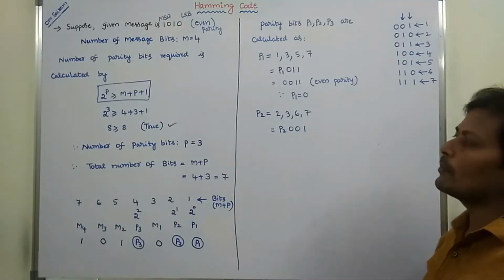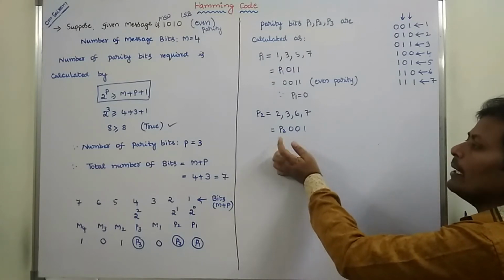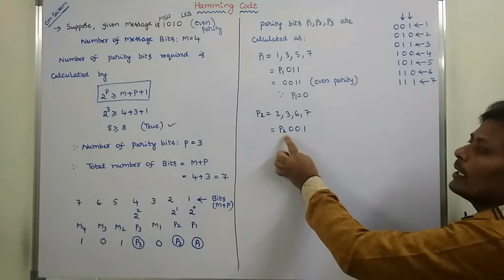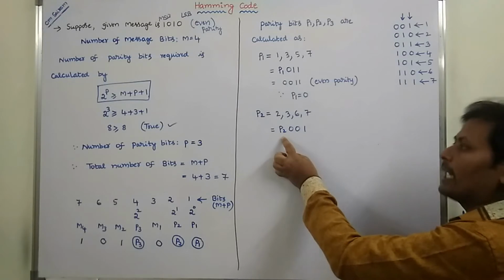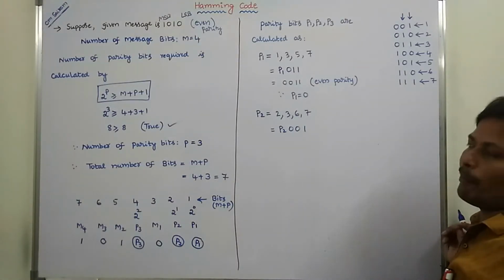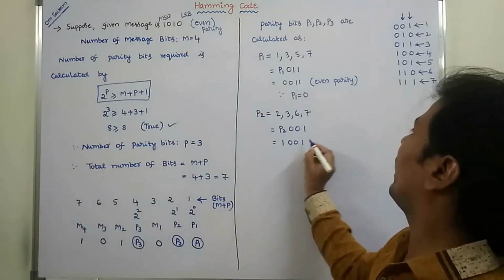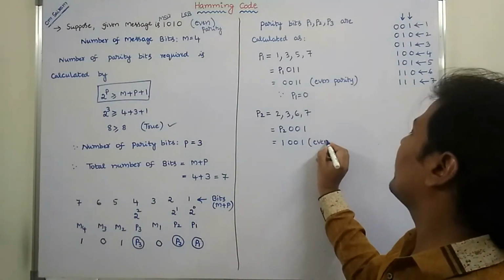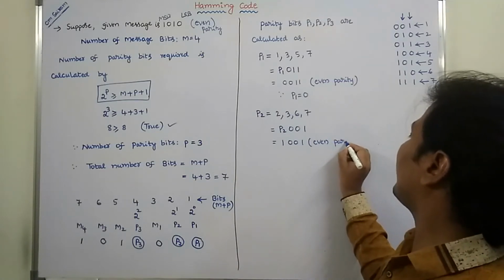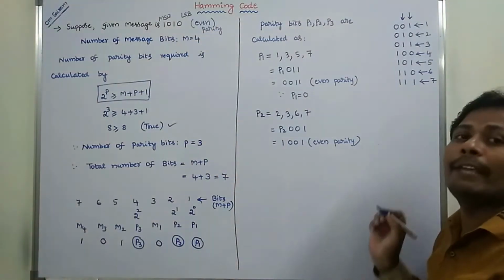In the seventh position, what is the value there? That is 1. To make this message even parity, what is the P2 value? If the P2 value is 1, then two ones are there, then it becomes even parity. So therefore P2 value 1, 0, 0, 1. Why are we taking even parity? The message is sent with even parity.